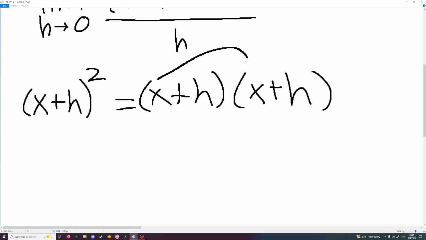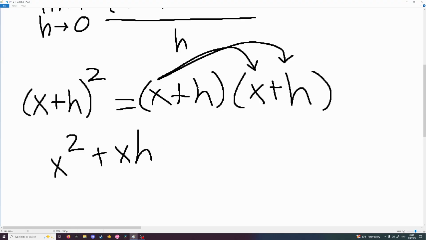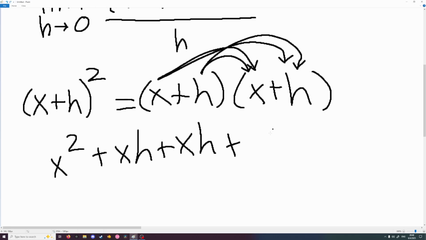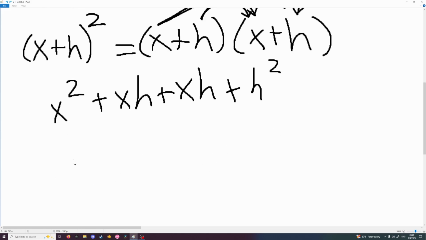We're gonna do the FOIL. So we have x squared, and then plus xh. Then we have h times the x right here, which gives us another xh. And then we have the h here times the other h here, which gives us h squared. We have two xh's. Very cool.